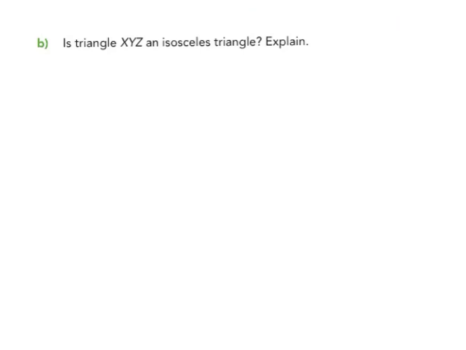So now it's time to come back to the second part of the problem. Is triangle XYZ an isosceles triangle? So remember, in order to have an isosceles triangle, at least two sides need to be the same length. So let's revisit what we found. We found that the length of XY equaled the square root of 58 units.